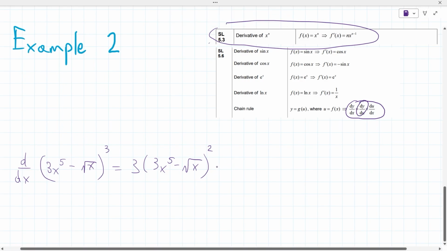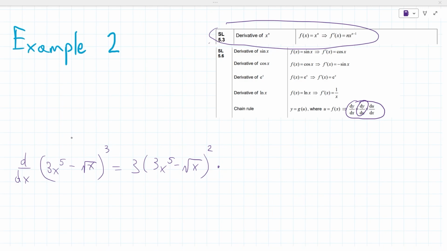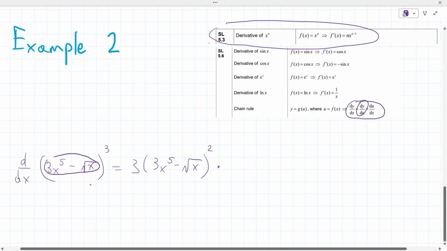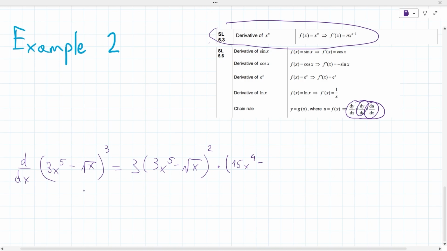Now we need the second, so how the inner function changes with respect to x. So now we're just differentiating this polynomial, well, it's not a polynomial, this series of powers with respect to x. And this is going to be our second part of the chain rule formula. So 5 times 3 is 15, x to the power of 1 less than 5 is 4, and then minus, notice that root x is nothing but x to the power of a half.